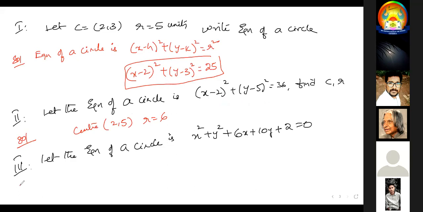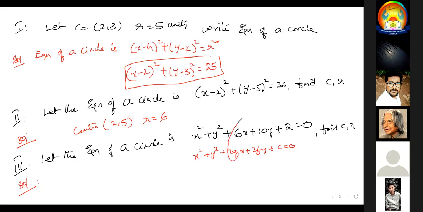In the same way, the third one. Write the equation of the circle; again they are asking to find C comma R. The general equation of the circle is x square plus y square plus 2gx plus 2fy plus c equal to 0. Now compare the things.